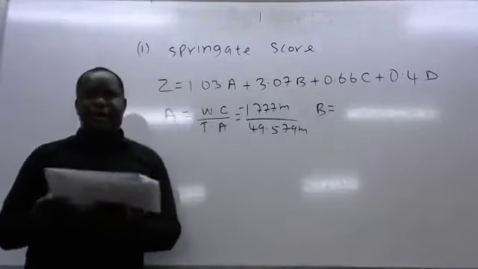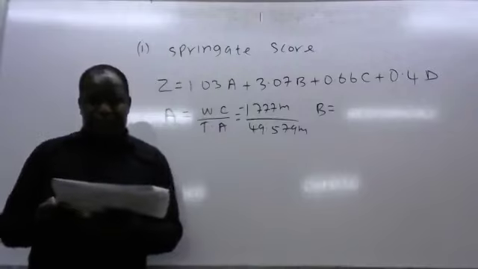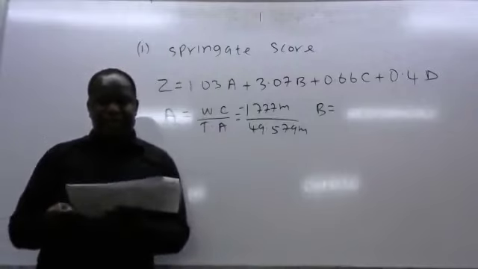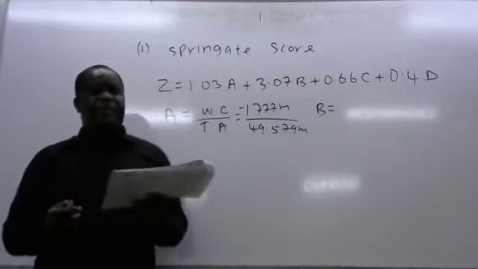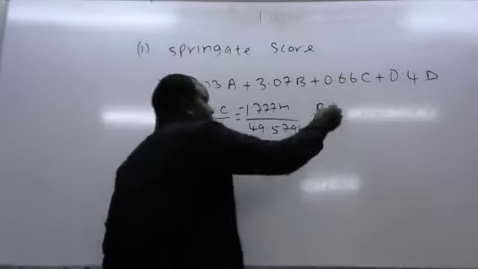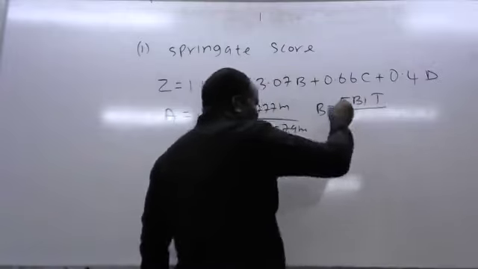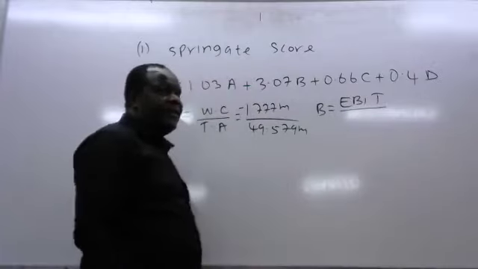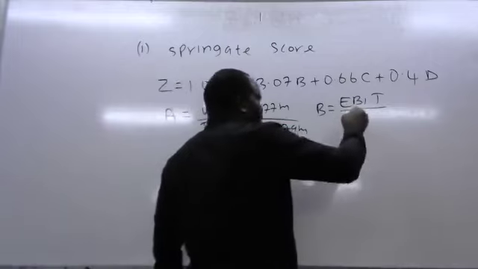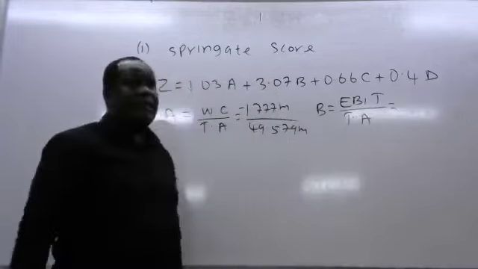So B, they have indicated that B is meant to be operating profit divided by total assets. Operating profit is the same as earnings before interest and the tax. Then you divide by the total assets in that manner.